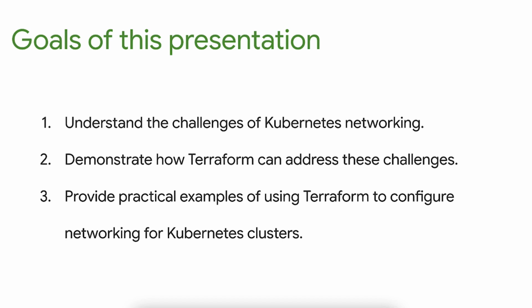We will be using the cloud networking configuration solution GitHub repository, which is an open source repository for users to set up networking components to use different cloud services. I will walk you through specific use cases and configurations, showing you how you can apply these concepts in your own environments. These examples will help solidify your understanding of both Kubernetes networking and Terraform capabilities.